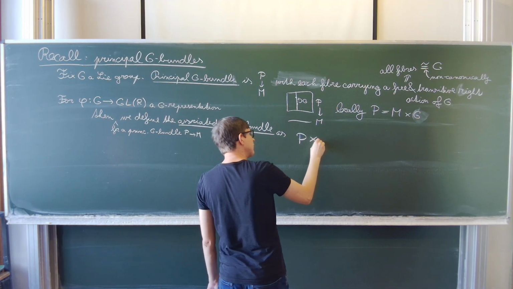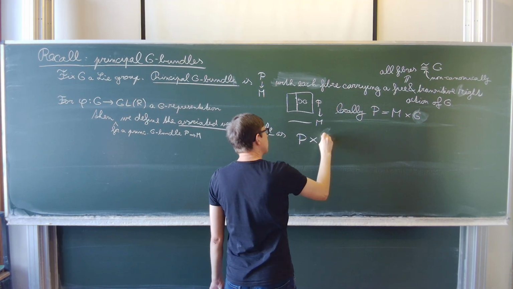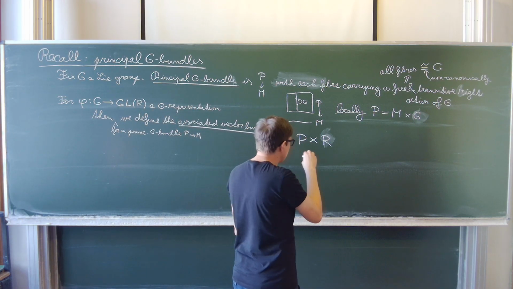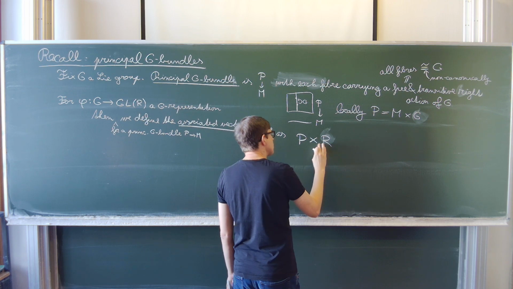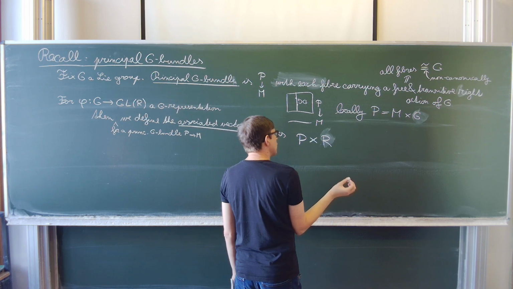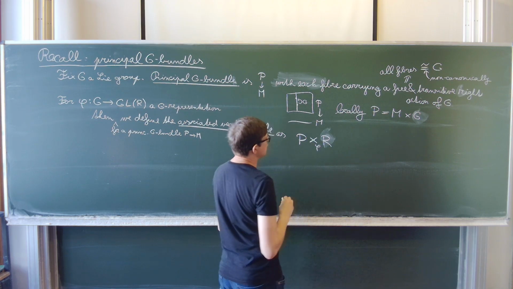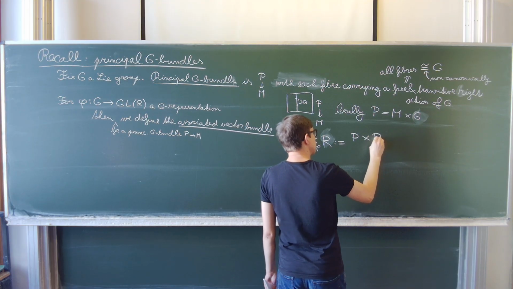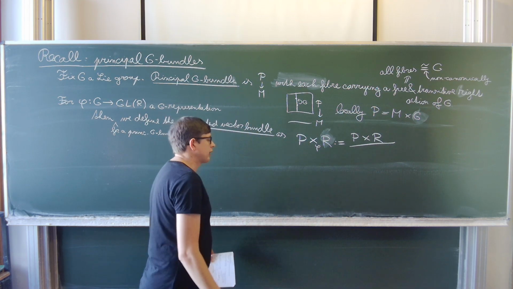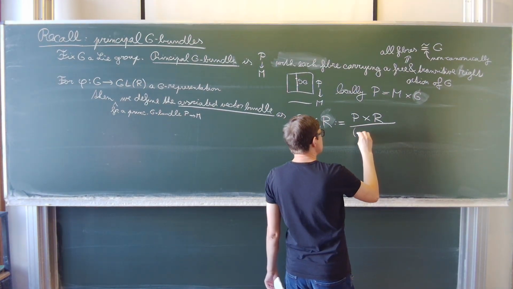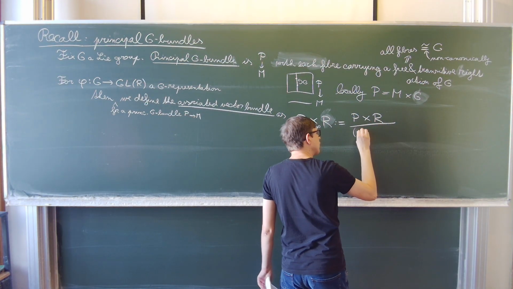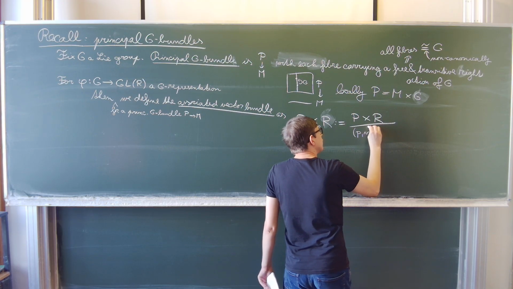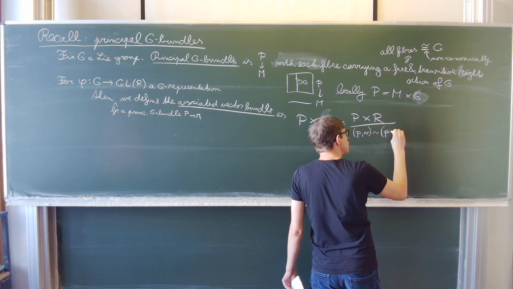So we take our principal bundle, we make a Cartesian product with the vector space, so that's R. And then, let me maybe put a subscript phi here, by which I mean that this is Cartesian product, modulo some equivalence, and in the equivalence I declare the 2 points, so let's say P and a vector V, equivalent to, so identified using the G action.